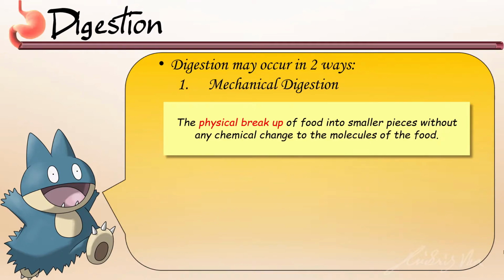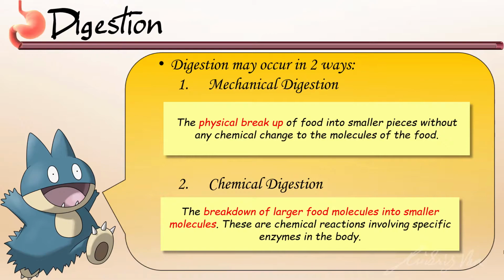Essentially, at the end of the day, they are still the muscle fiber of a chicken, just smaller pieces. Then we have our all-important chemical digestion, which is the breakdown of large food molecules into smaller food molecules. This is a chemical reaction involving specific enzymes in our body, and this will make the nutrient soluble so that our body can absorb them.